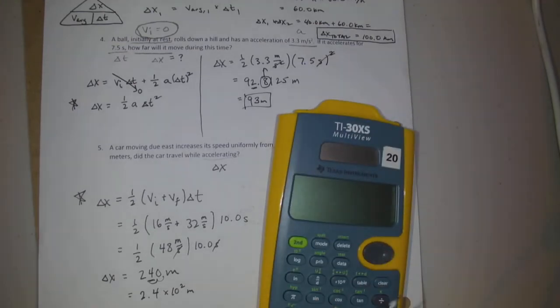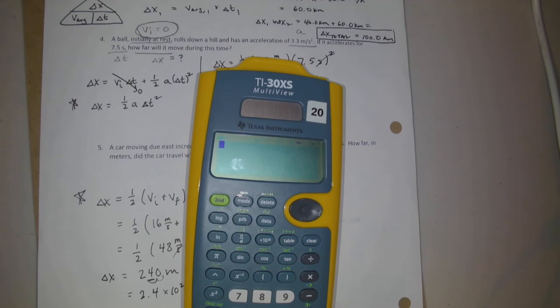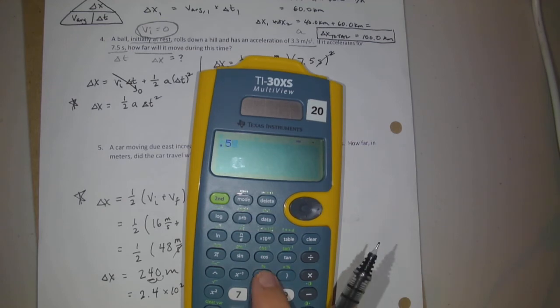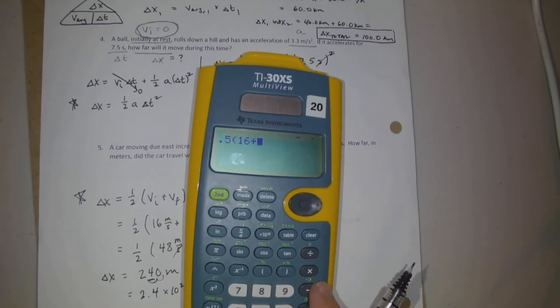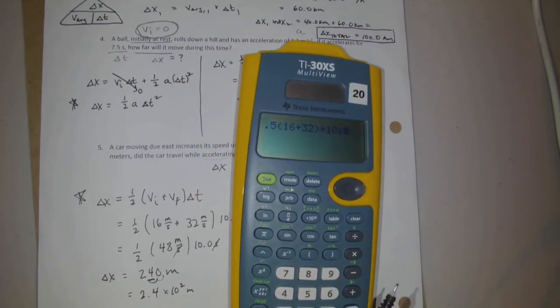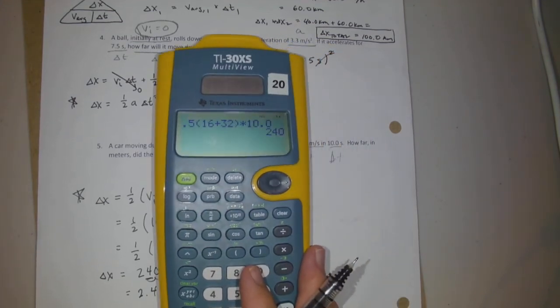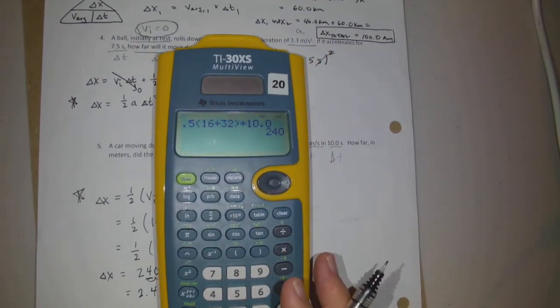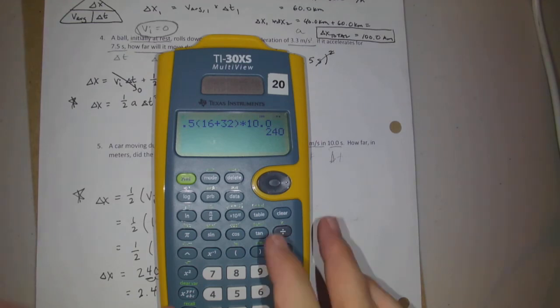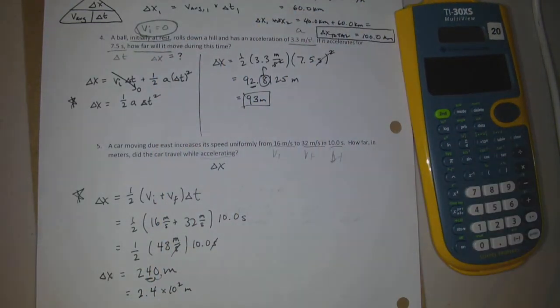Let's also plug this in the calculator all at once, just so you can see how to do it. Okay, 1/2 times the sum of 16 plus 32 times 10. Excellent. Okay, thank you for going through this worksheet in detail, and hopefully you learned or reflected on some really important physics ideas.